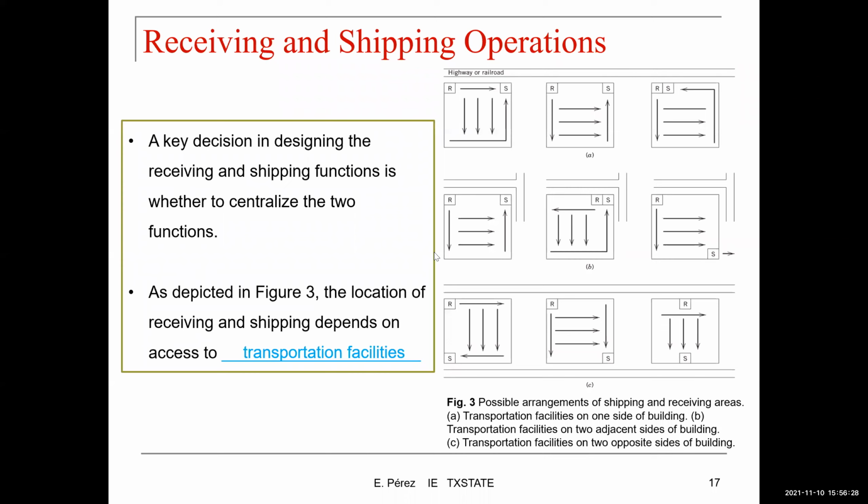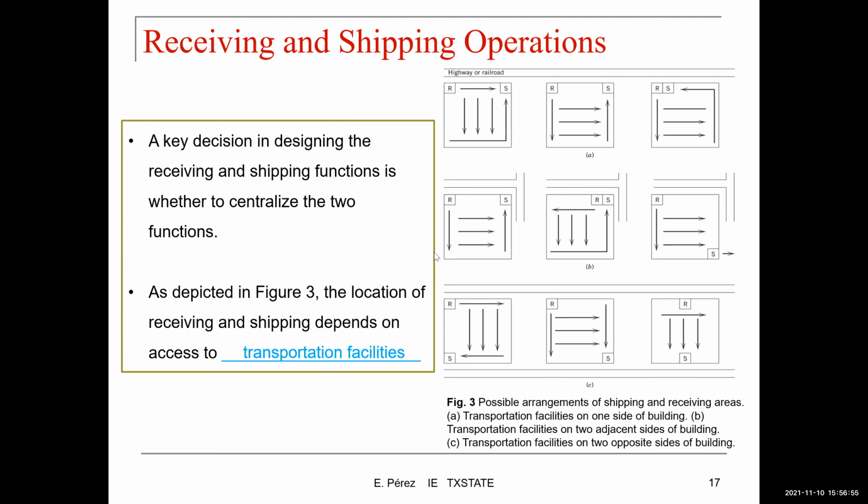Here's some other, for B, we have transportation facilities on 2 adjacent sides of the building. So you not only have a transportation facility at the top, but also in one of the corners. Just like, for example, if you look at most of the Walgreens, that would be their case, or CVS pharmacies, they will always be located in a corner.